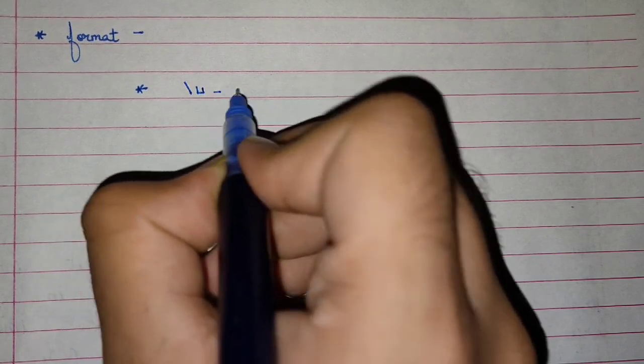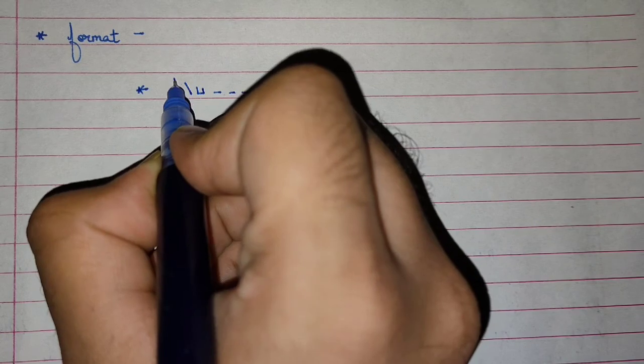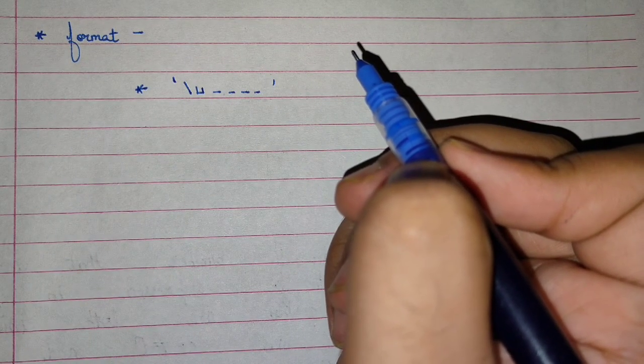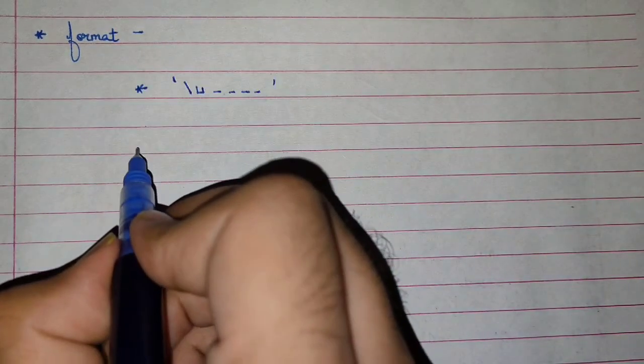Next, we have to look into the format of how to write the characters. The format is \ followed by u and followed by 4 blank spaces. In these 4 blank spaces, we can write the hexadecimal code for the required characters. Few examples.